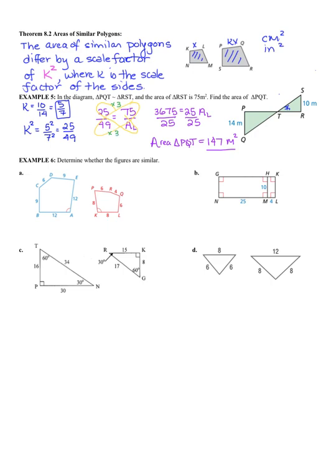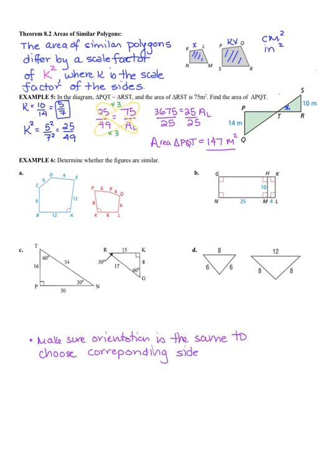All right, last little bit, we want to determine whether the figures are similar. So here is a huge cautionary tale. So I'm going to put it down here below. First of all, make sure the orientation of the shapes is the same, because you want to choose corresponding sides when you're setting up your ratio.